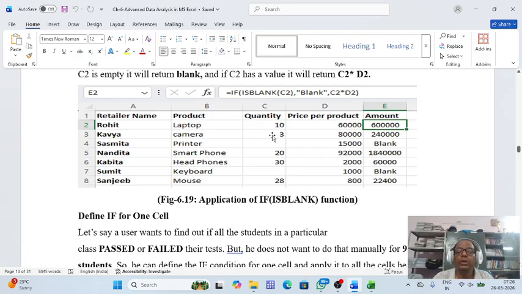You can see that there are some cells like C3, C4 and C7 having missing values. In this case, that should show blank. That is the objective, that's why you are using ISBLANK. If it is blank, then the output will also show blank.